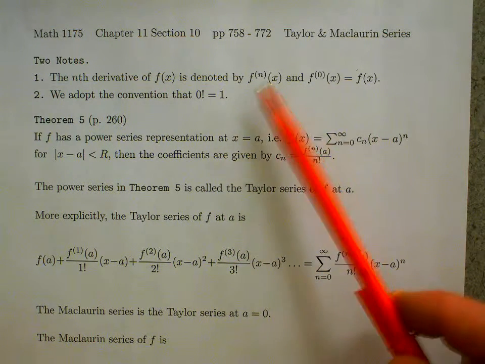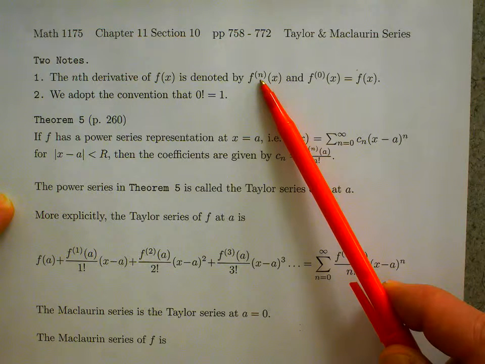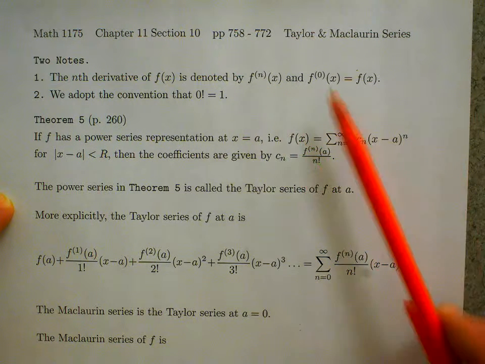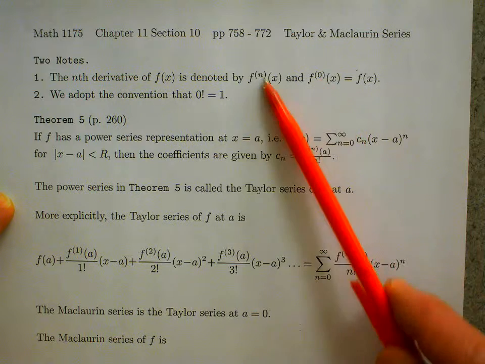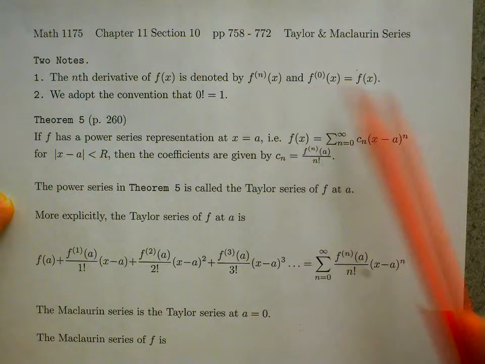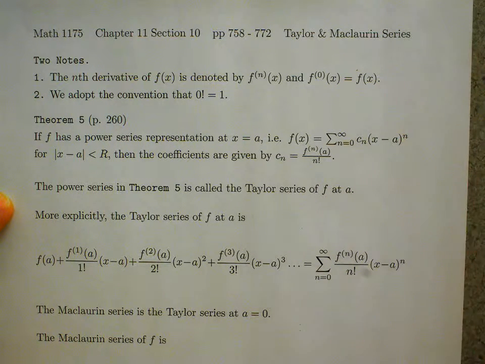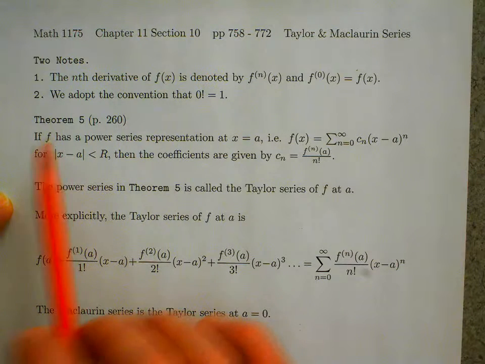So there's a superscript, in parentheses, we have n. So this is just the nth derivative of the function f. So if 0 is in that set of parentheses, that just means we're talking about the original function. So that seems to make sense. The 0th derivative is just the function itself, if that's a word.